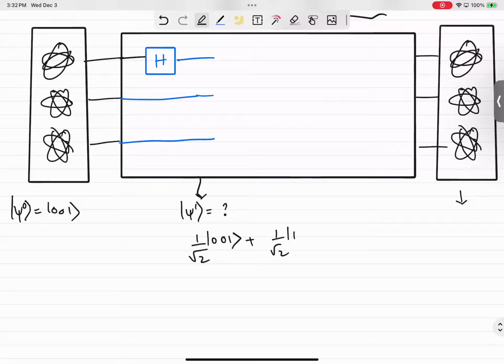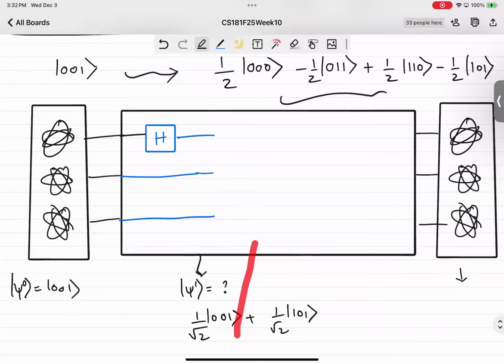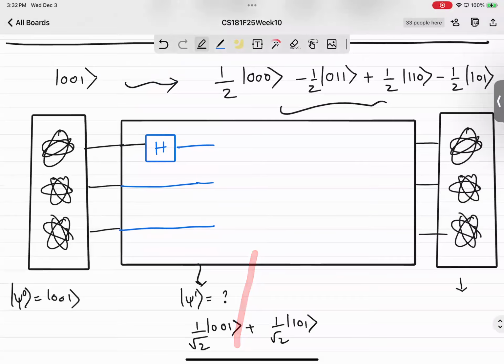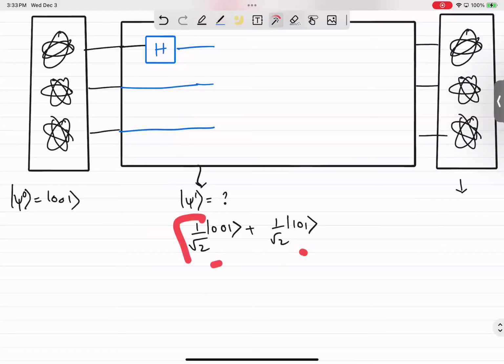So I would just get 0, 0, 1, 1, 0, 1. Okay. So I made some progress. But I have 4 things involved in my superposition here, each one with a factor of a half. Now I have 2 things with the 1 over square root 2. So what should the next one be?